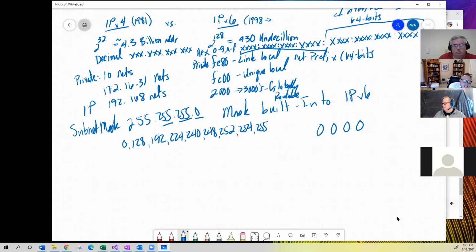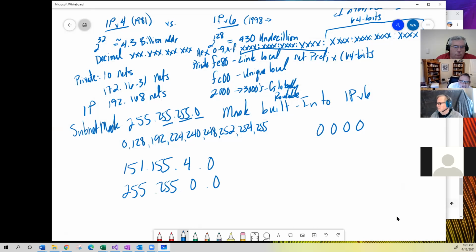So if I had a 151.155 class B address, and this was the network, and I had a mask here. If I just had this mask, then there would be 65,535 IP addresses and one subnet.